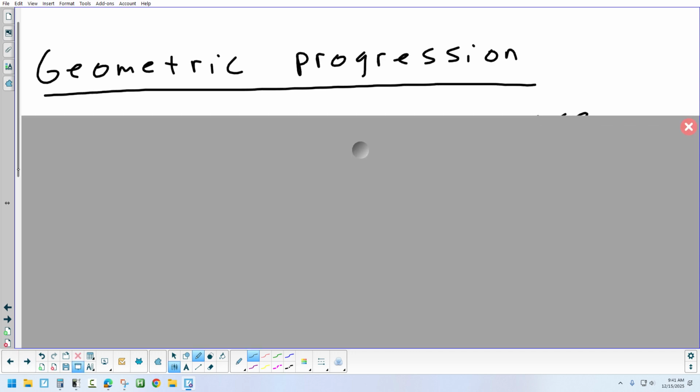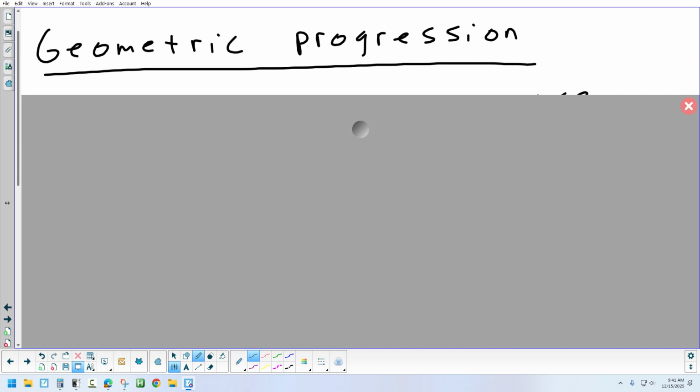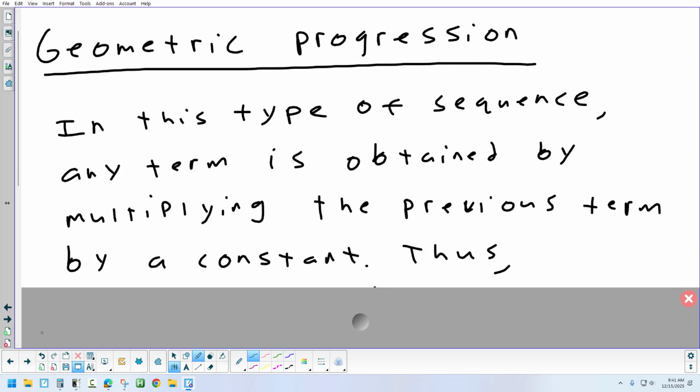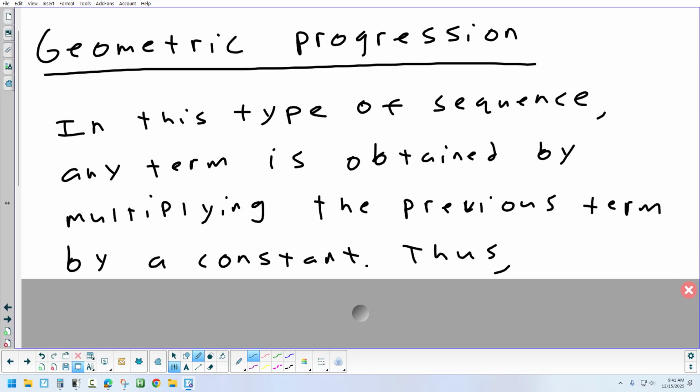Okay. Geometric is a little bit different. In a geometric sequence, the pattern isn't that you are adding each time, it's that you are multiplying each time.